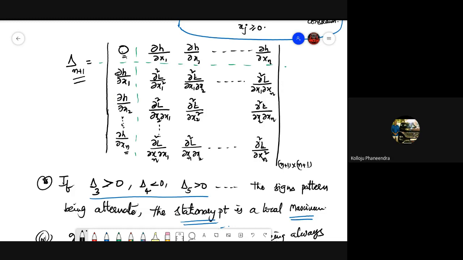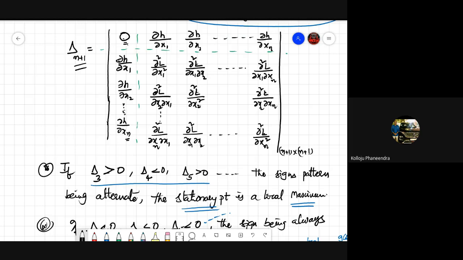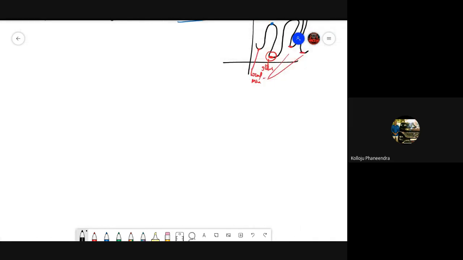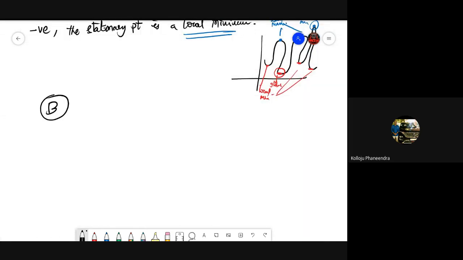Now, this case is for an objective function with n variables and a single constraint. If multiple constraints are there, I will take it like this.